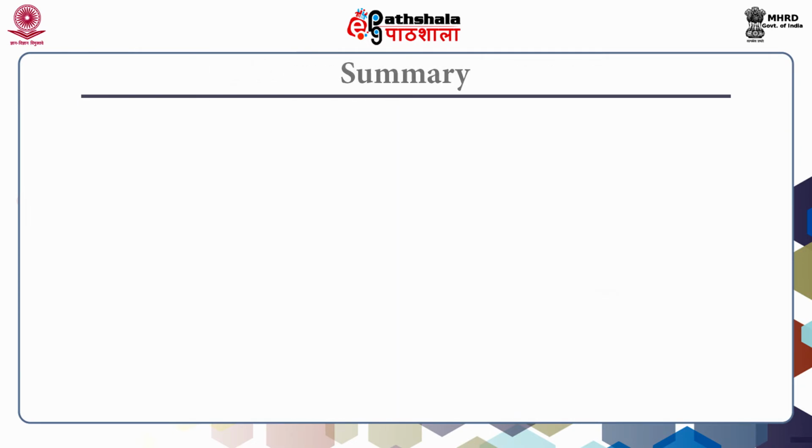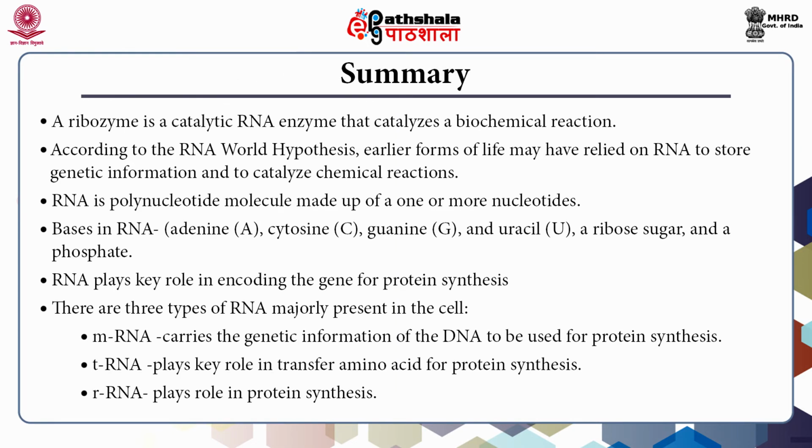To summarize what we learned, the RNA World Hypothesis suggests that an earlier form of life may have depended solely on RNA for storage of genetic information and for catalysis of chemical reactions. Later on, DNA and protein evolved.